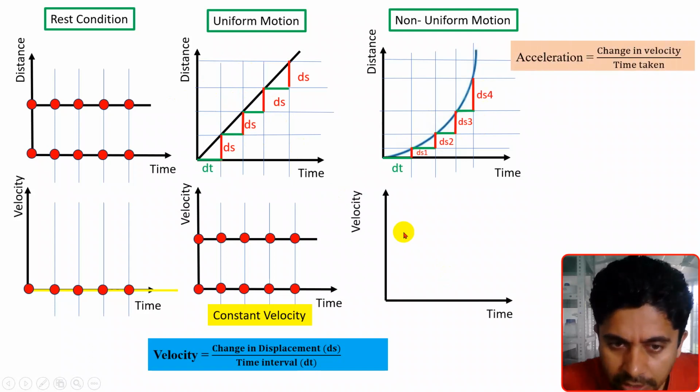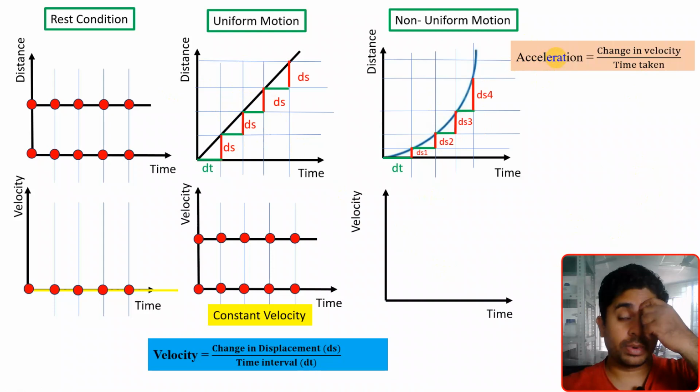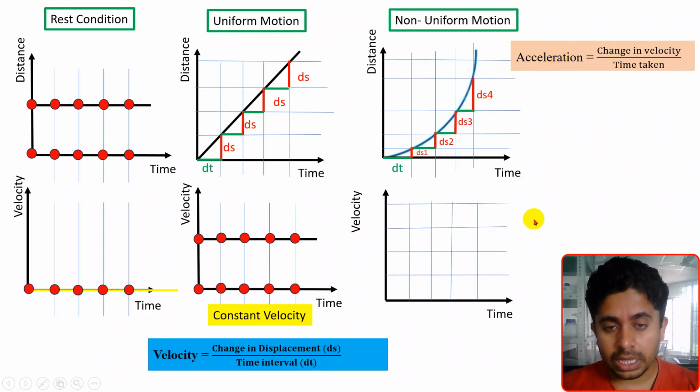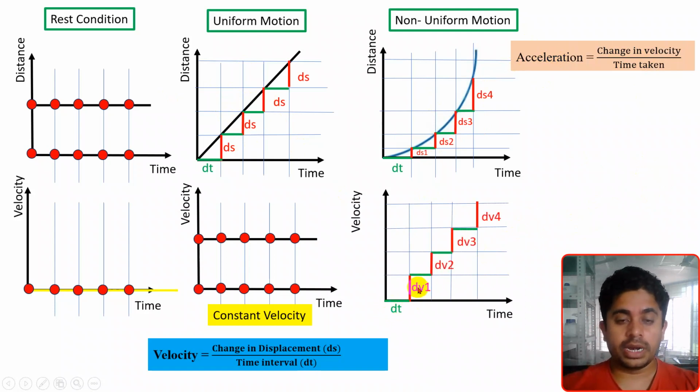Now, for the velocity-time graph, we know how to calculate acceleration. Acceleration is nothing but change in velocity divided by time taken. Graphically, the green color indicates the time interval and the red color indicates the change in velocity. I will take particular values, as if I'm traveling in a car.